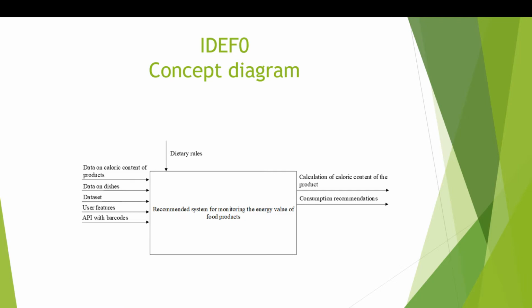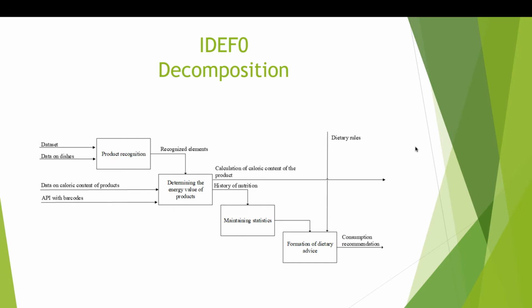For example, as an input rule, we receive dietary rules to perform useful and accurate recommendations. And as the final result, at the output of the system, we can see calculation of calories and general recommendations.